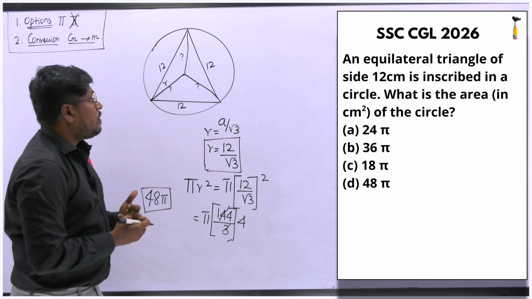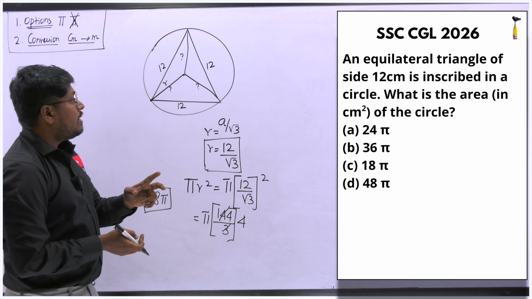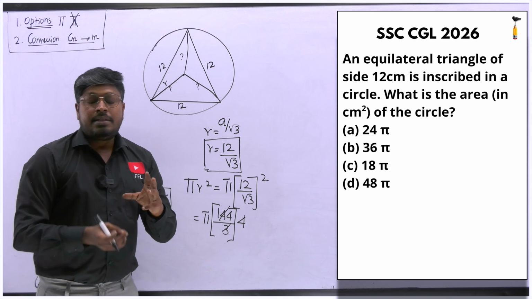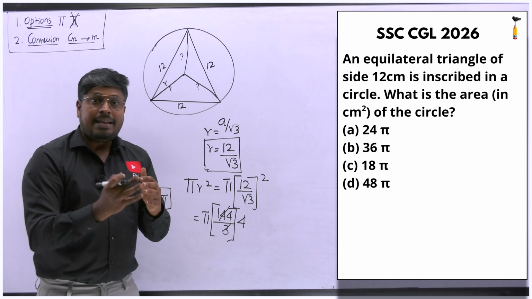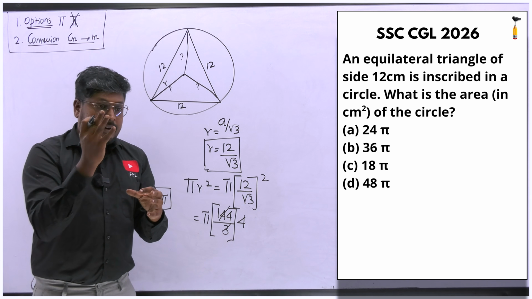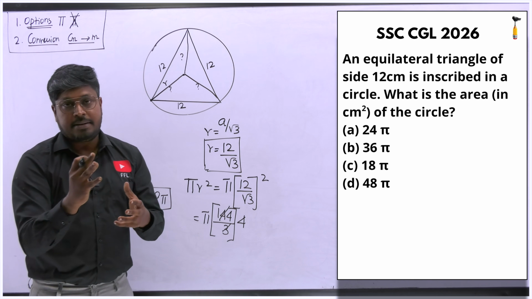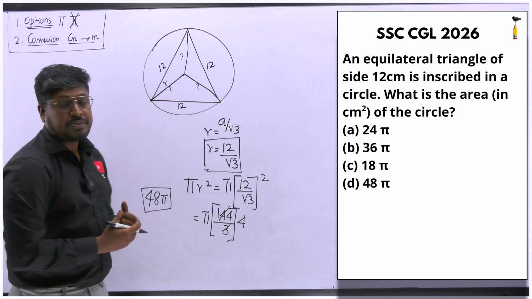So most important concept, because in recent times in railway, SSC, SSB, most of the question papers, you can see questions asked on a triangle inside a circle, or else a circle which is inside the triangle. Two concepts, inscribed and circumscribed, that is based on circle and triangle, right? So this will be the answer for this question.